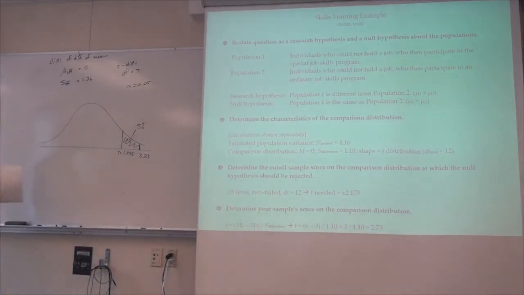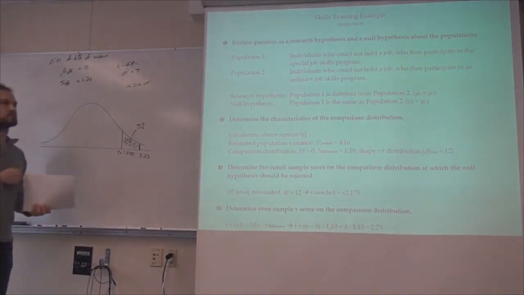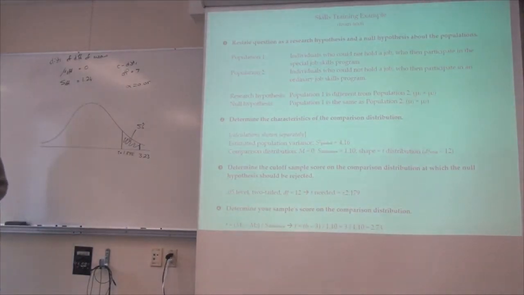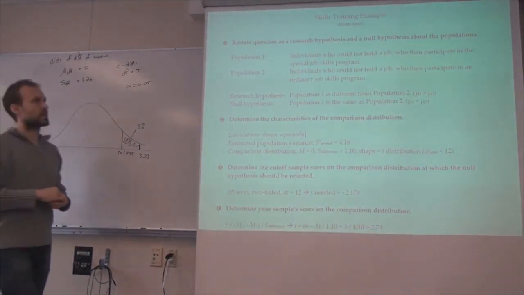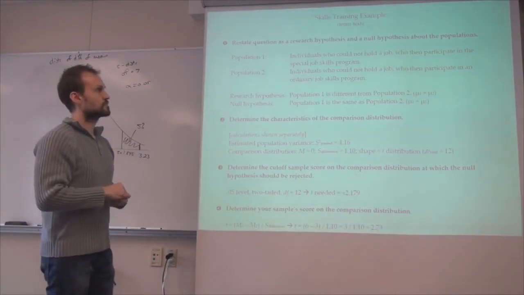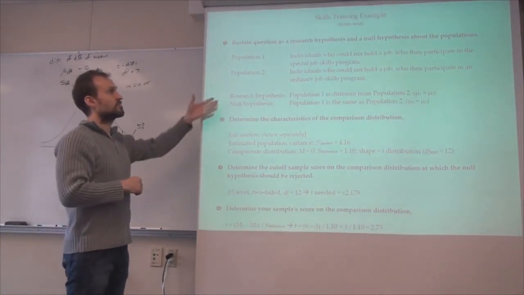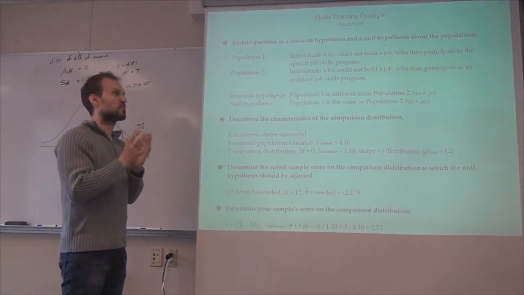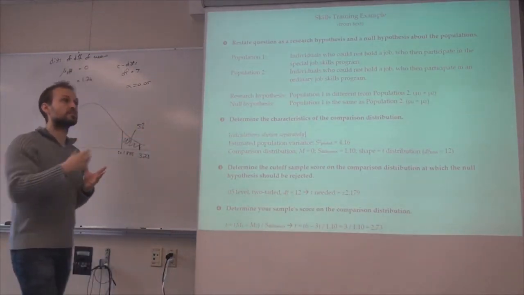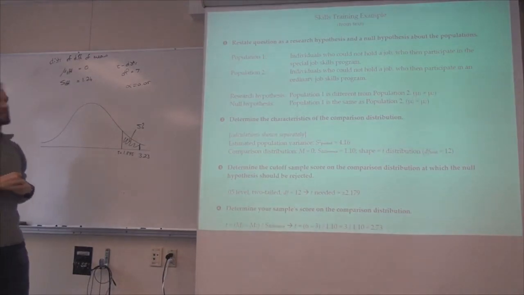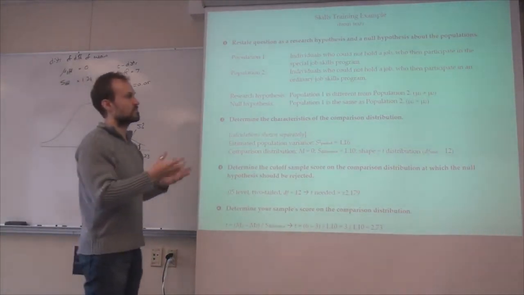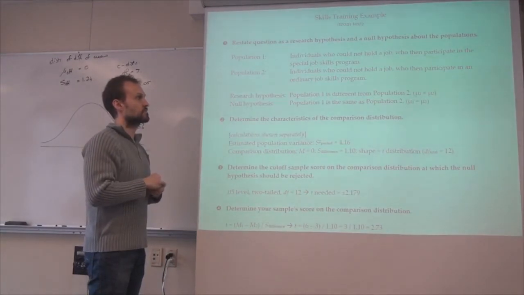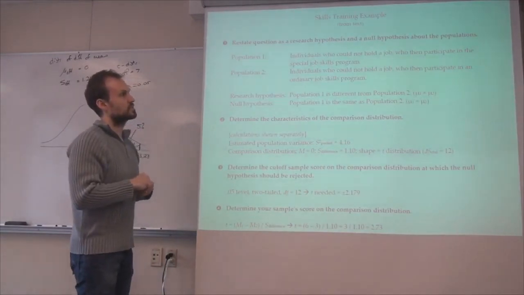I'm trying to investigate if my special job skills program has a significant effect when I rate the individuals, and to see if there is a difference between the two. Maybe I'm not sure I want a strictly greater than research hypothesis, so just to see some variety, I'll look at whether it's different, better or worse. And the null hypothesis is that it's the same.